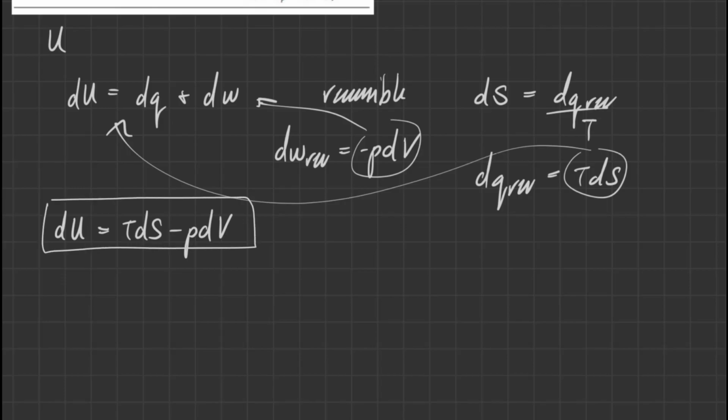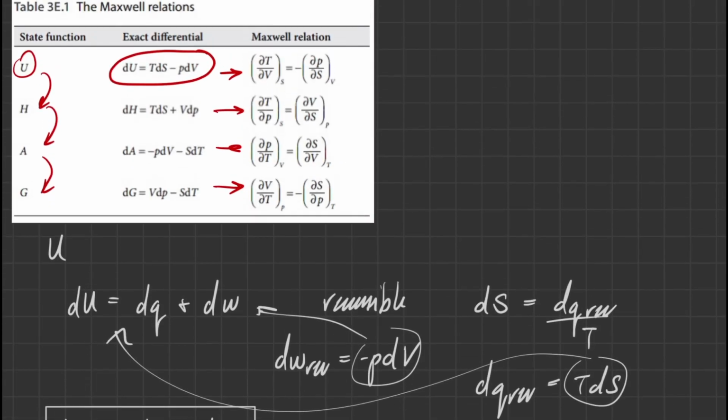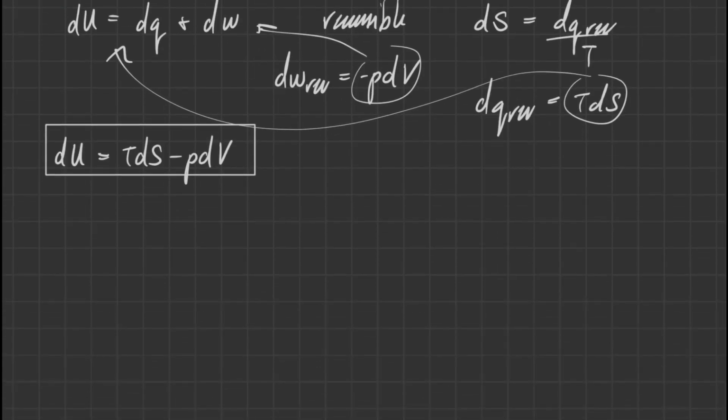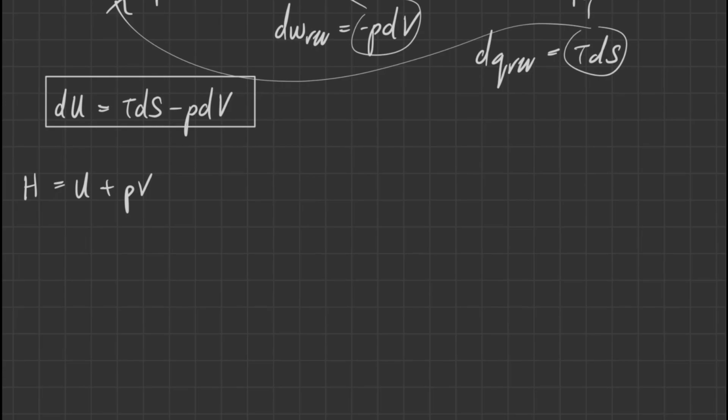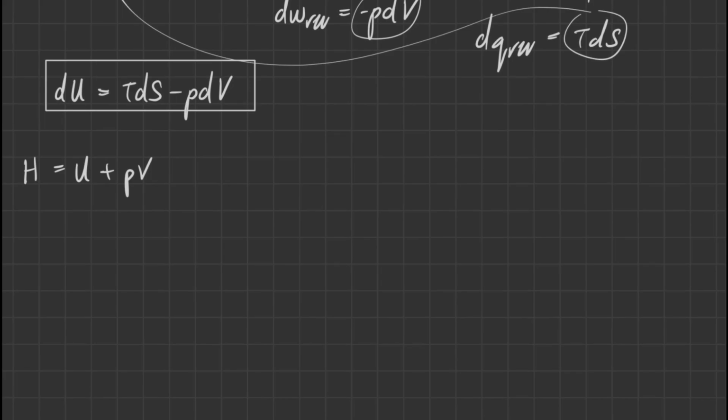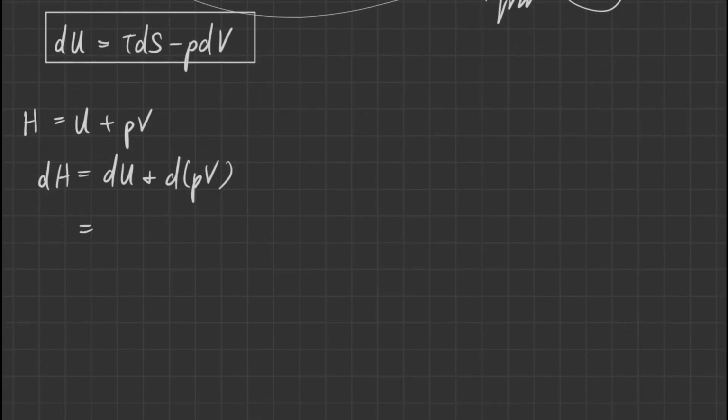So that's that. To get the exact differential for enthalpy, we just use the original definition: H is equal to U plus PV. In order to evaluate enthalpy over an infinitesimal change, dH is equal to dU plus d(PV). So that's equal to dU plus V dP plus P dV.